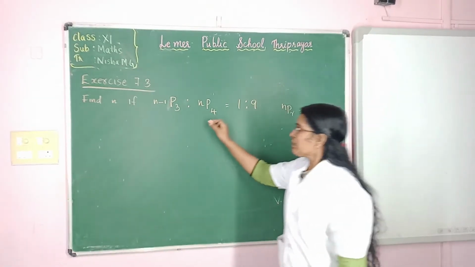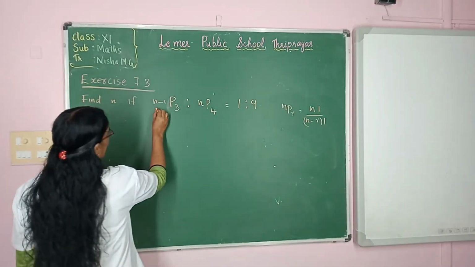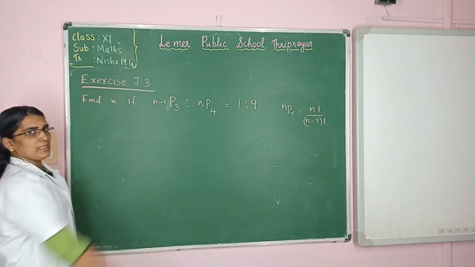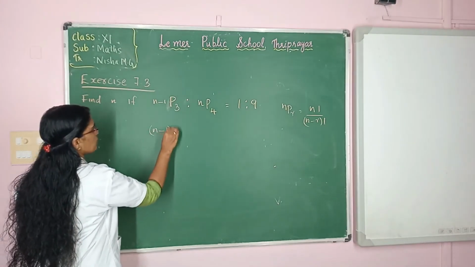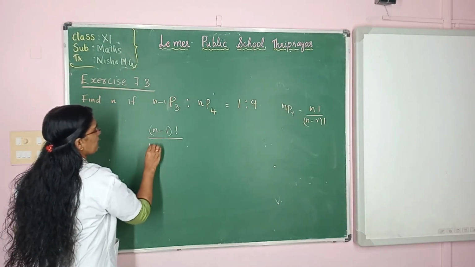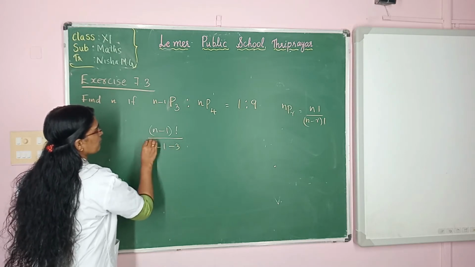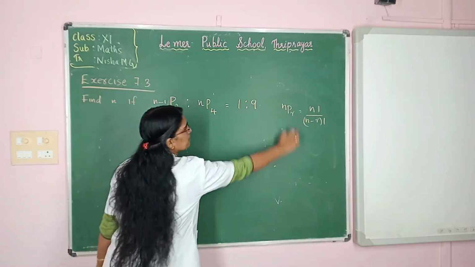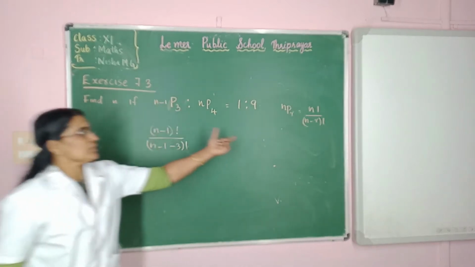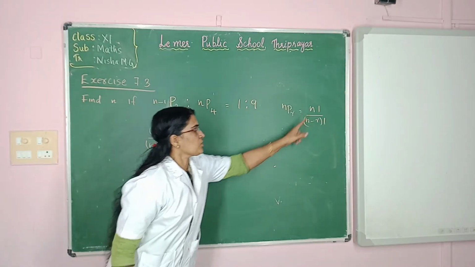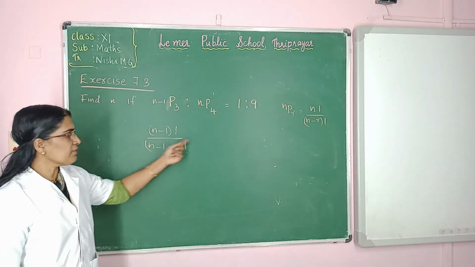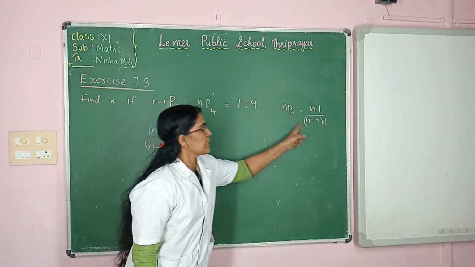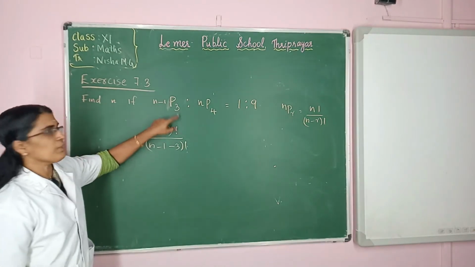In the same way, we have to expand (n minus 1)P3. So (n minus 1) factorial by (n minus 1 minus 3) factorial, using the formula. Here it is n minus 1, so (n minus 1) factorial divided by (n minus r) factorial, here we have n minus 1 minus 3.